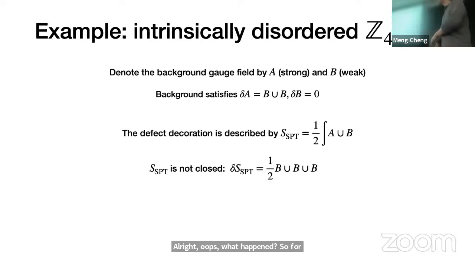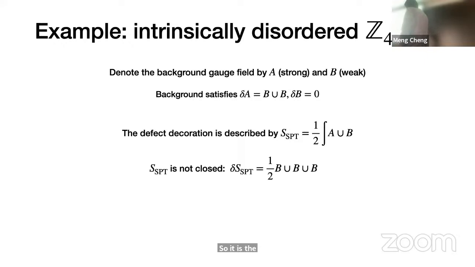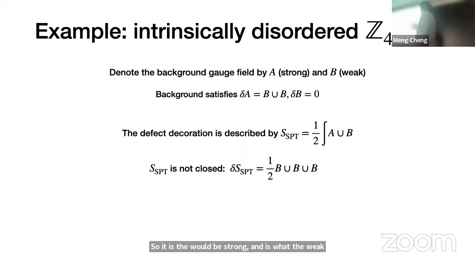So for those who are into field theory, this is some explanation using the field theory language. So let's see where the obstruction came from when both are strong. So A is the would-be strong symmetry and B is the would-be weak symmetry. And the Z4 means there's some relation between the background gauge fields that's given by delta A equals B squared, and B is closed.